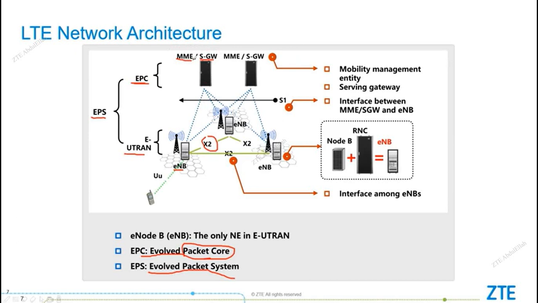So for both MME and SGW, this interface is named the S1 interface. So the S1 interface connects eNodeB to MME and SGW. Okay, so this is the LTE network architecture. We can find the LTE network architecture is much simpler than the 2G and 3G network.